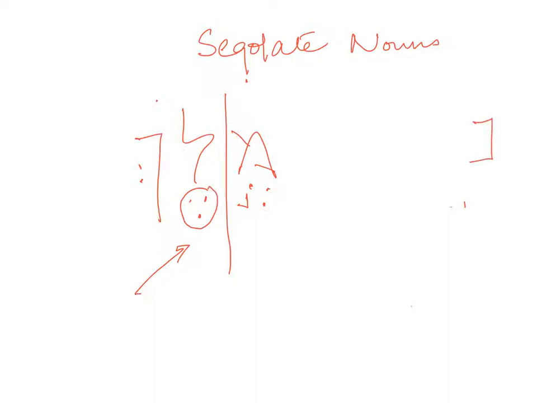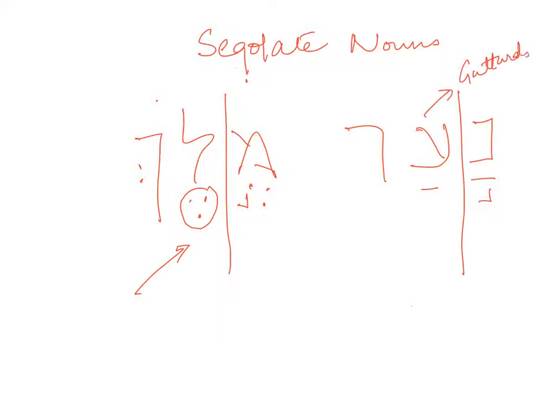Now, I have a word called na'ar. This is the next word. Now, this has a guttural, and therefore the tendency is not to see a segol, but to see an A class vowel, which in this case is a kamets.